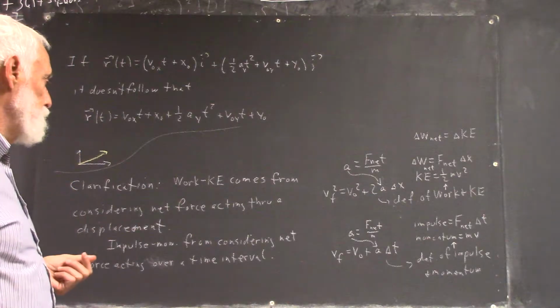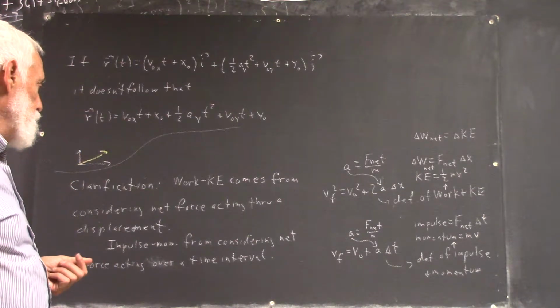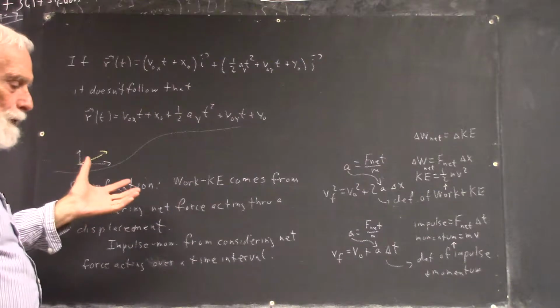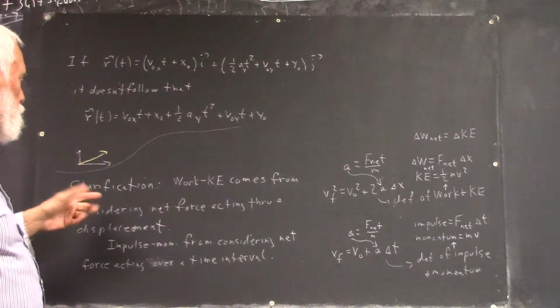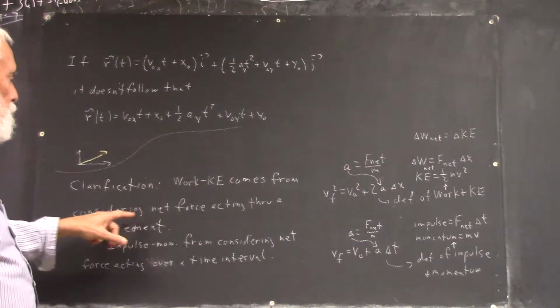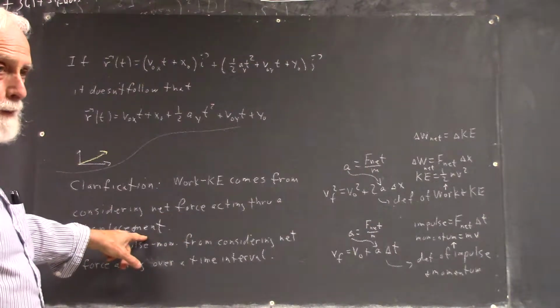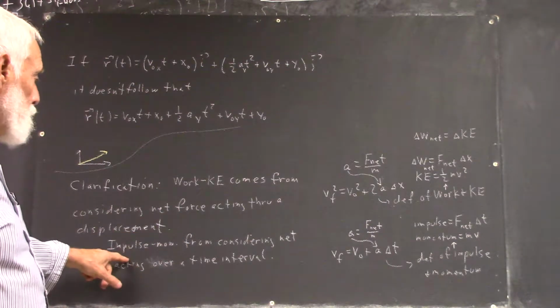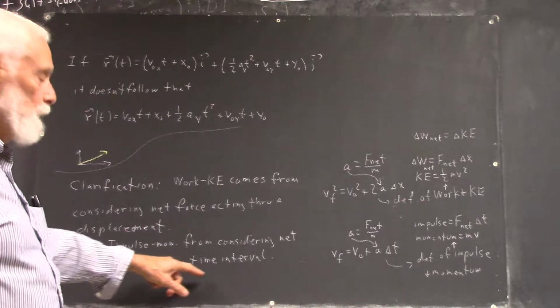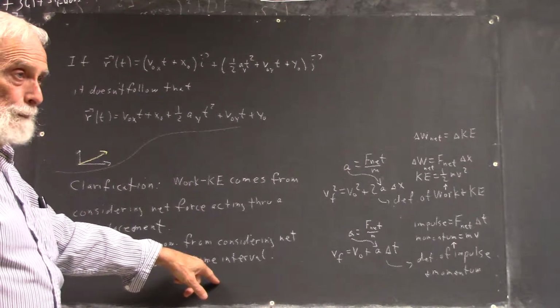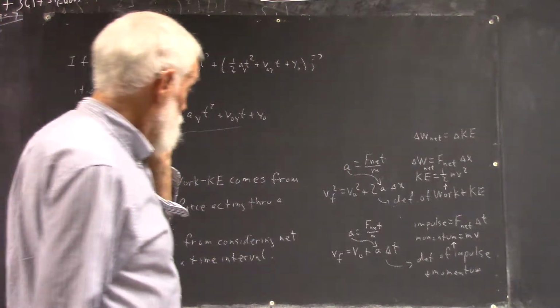We made an assumption. What's the basic assumption? Well, first of all, work-energy comes from considering a net force acting through a displacement. Impulse-momentum comes from considering a net force acting over a time interval.